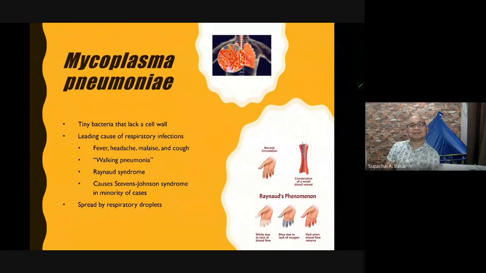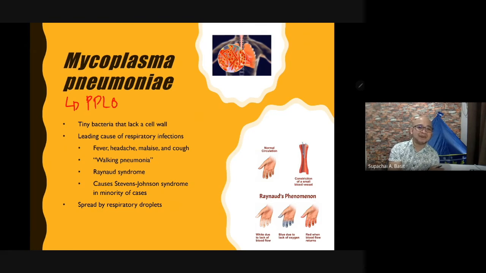Okay, then let's talk about Mycoplasma pneumoniae. Mycoplasma pneumoniae is an example of PPLO. I hope you can still recall it from your bacteriology. PPLO stands for pleuropneumonia-like organisms. They are highly pleomorphic since they do not have a cell wall.